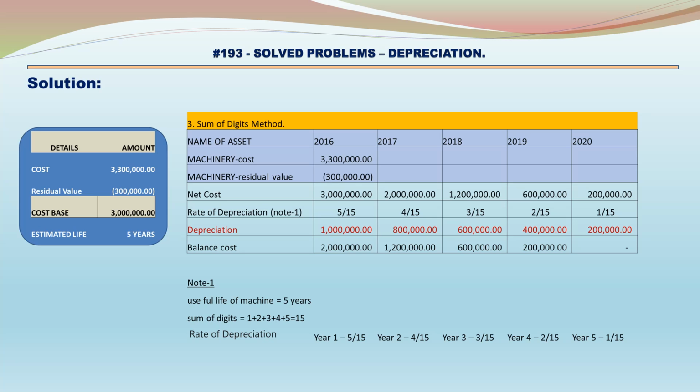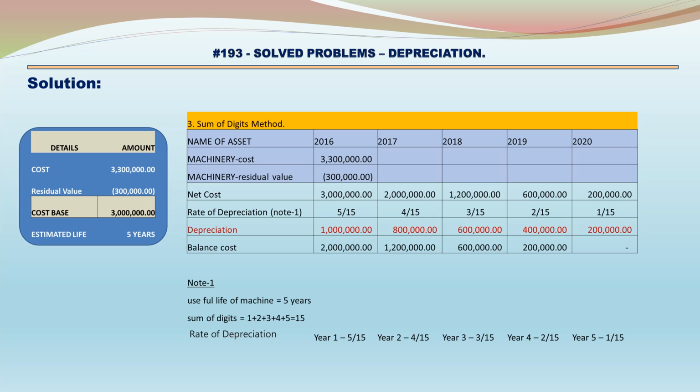So depreciation for 2016 is equal to 1 million. Balance cost 2 million. 2017 opening balance 2 million. Rate of depreciation at 4 by 15 is equal to 800,000. Balance cost 1.2 million. 2018 opening balance of machinery 1.2 million. Rate of depreciation 3 by 15, 600,000.